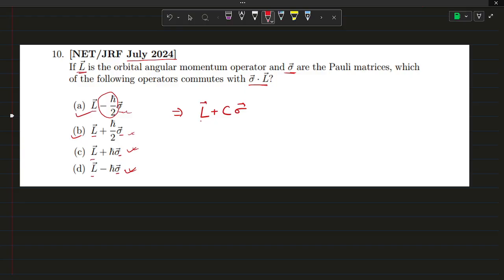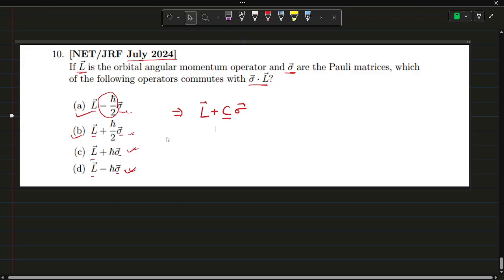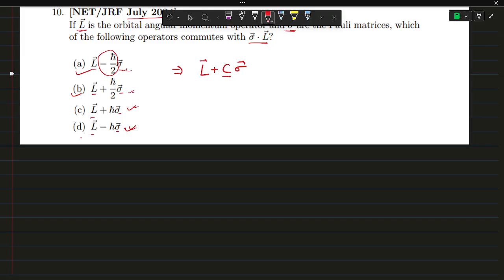Now we will find the commutation of this part with sigma dot L, which should be 0. Then from there we will find the value of C, and get the solution. So let's try to find this. We can write sigma dot (L plus C sigma) should be 0.